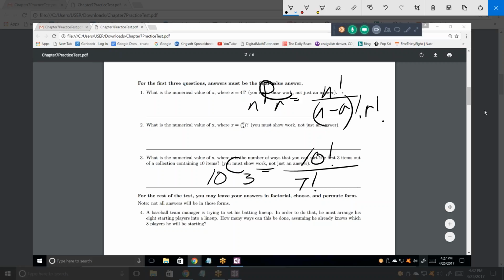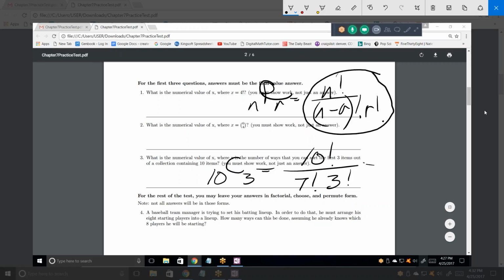Well, here's what it is. N choose R is n factorial over n minus r factorial times r factorial. Here's the way I remember that. There's two n's and there's two r's. So it starts out just like a permutation, n factorial over n minus r factorial. But there's another term in the denominator when you're choosing, and that's that extra r factorial. So it's 10 factorial over n minus r factorial, which is 7 factorial, times 3 factorial.